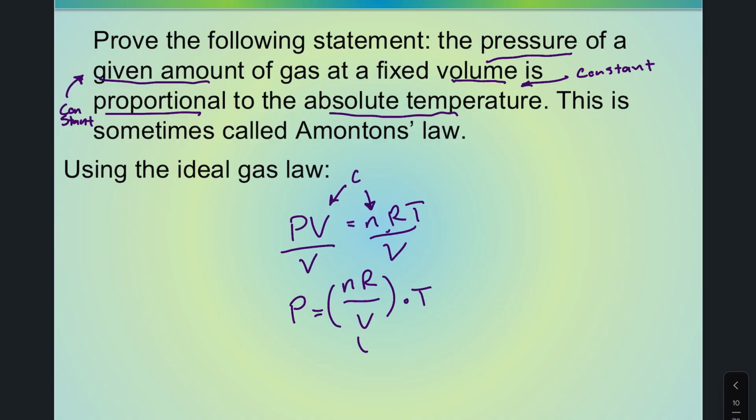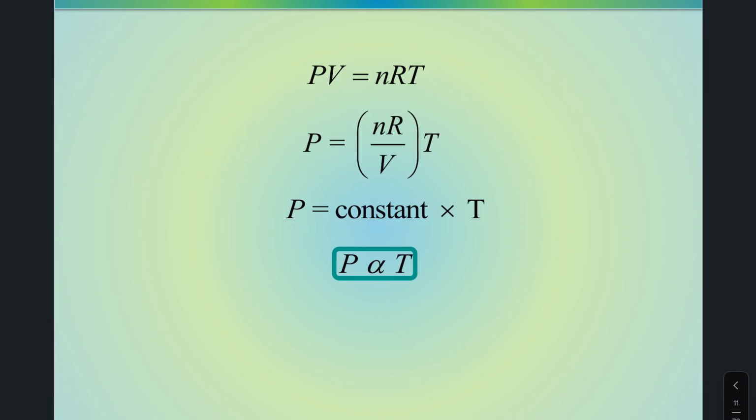These are all going to be constant, and you end up with P equals C, in brackets, times T, which means that as temperature goes up, the pressure will also go up. As temperature goes down, the pressure also goes down. Same thing. And we can see that as it's written here. So this is exactly what was done. We divided by volume on both sides and isolated all of the constants and found that pressure was directly proportional to temperature.